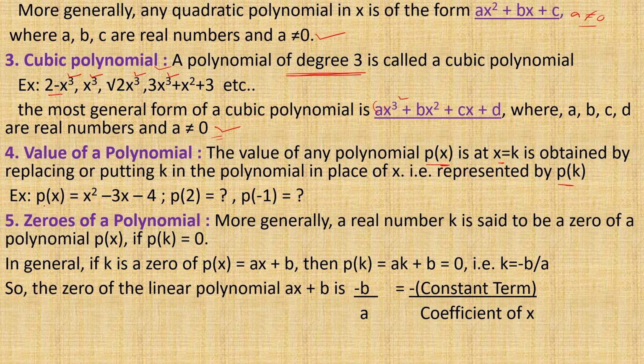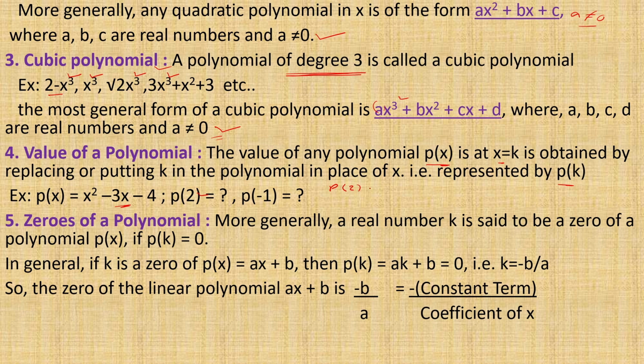Suppose p of x is equal to x square minus 3x minus 4. Then p of 2 means the value of p of x at 2. If you substitute 2 in place of x in this expression, we get the value of p of 2.